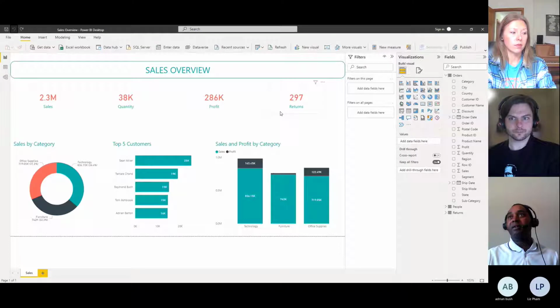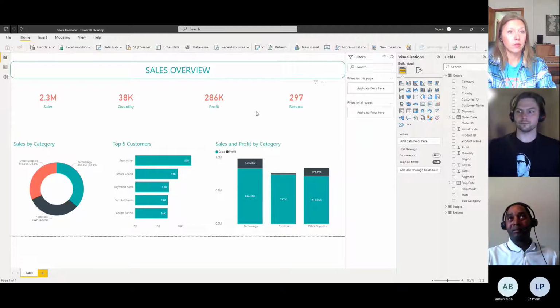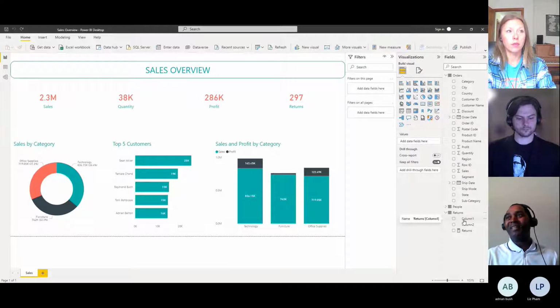And then after that, for returns, that's where I had problems with this sample Superstore data. I was able to get these two columns, but it did not have the summation. Because it did not have the summation, I did not know how many returns there were.